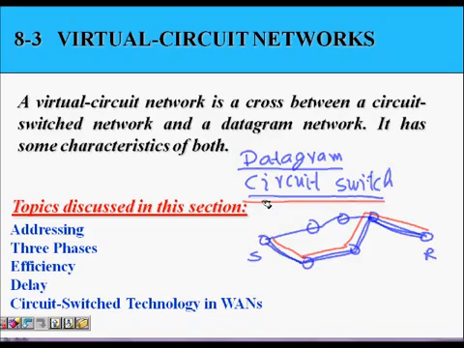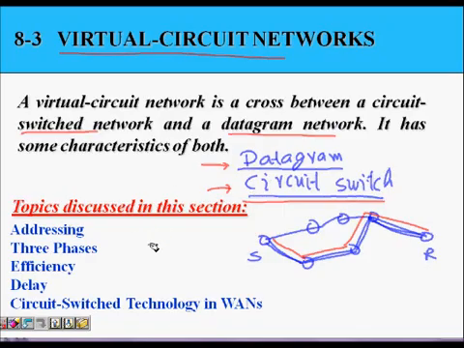So these are the two endpoints. There is something in between the datagram and circuit switched network that is known as virtual circuit. A virtual circuit network is a cross between a circuit switched network and a datagram network. It has characteristics of both, with the aim of having the best of both worlds: something good from the datagram network, something good from the circuit switched network.